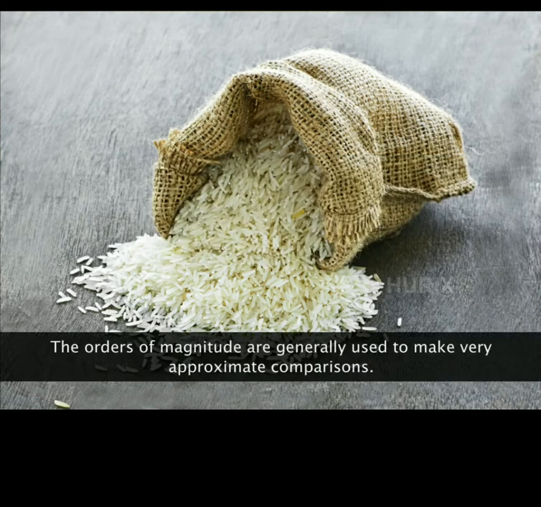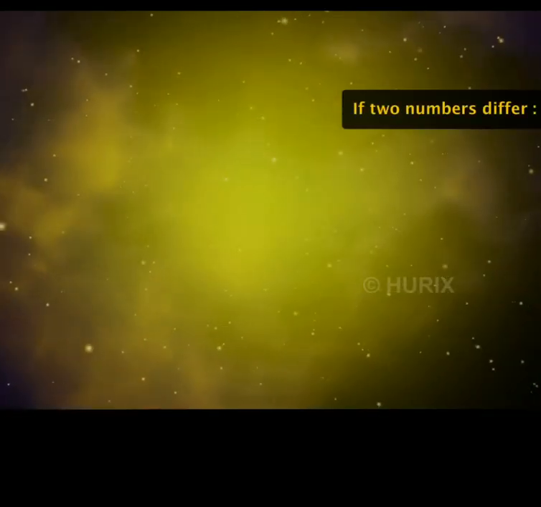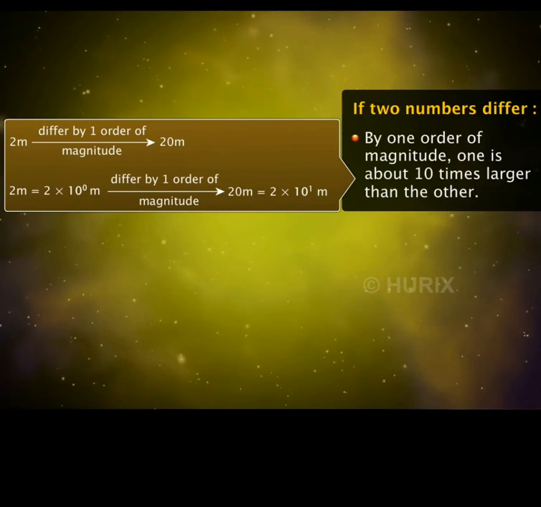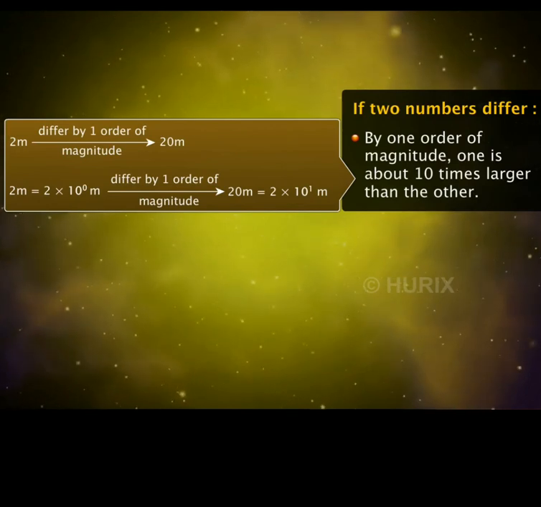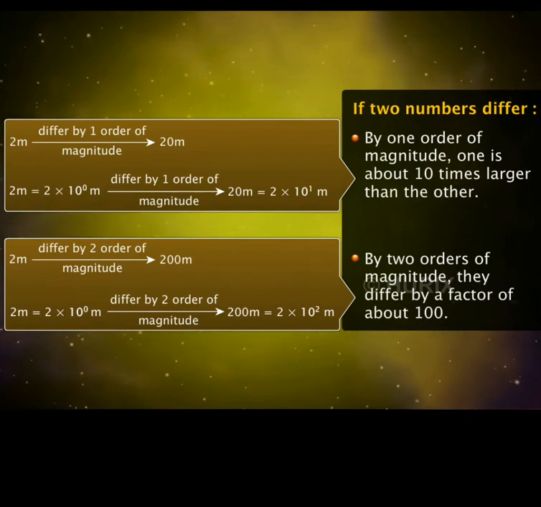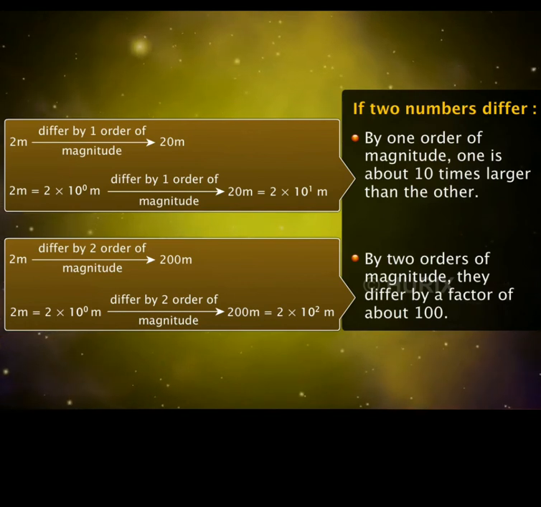The orders of magnitude are generally used to make very approximate comparisons. Note that if two numbers differ by one order of magnitude, one is about 10 times larger than the other. If they differ by two orders of magnitude, they differ by a factor of about 100.